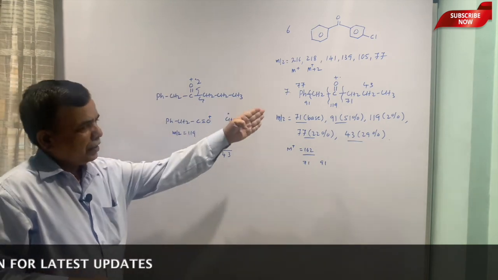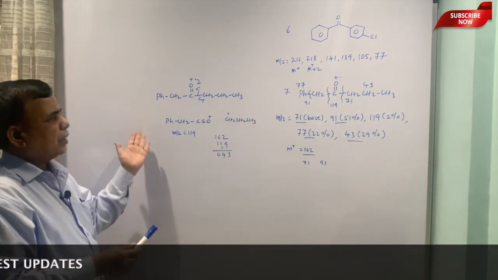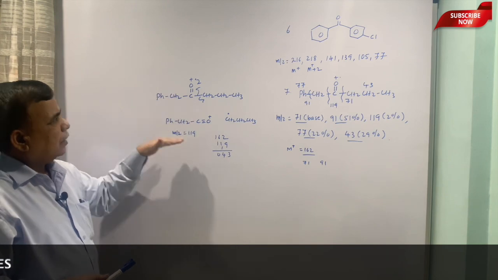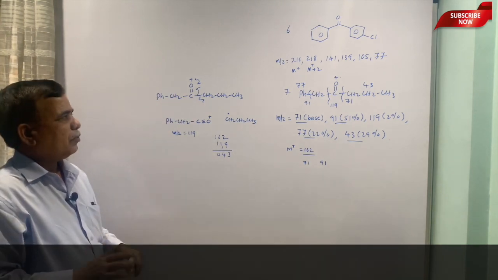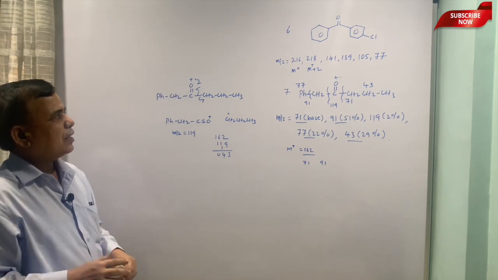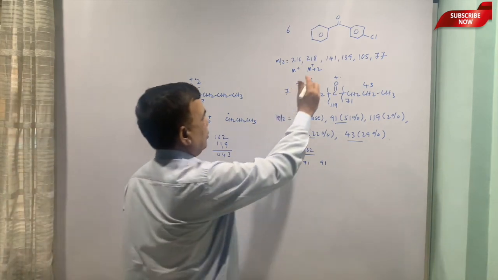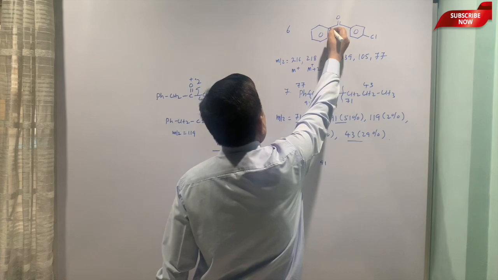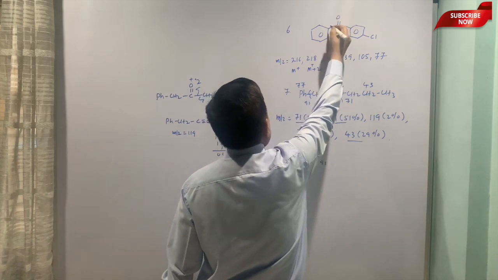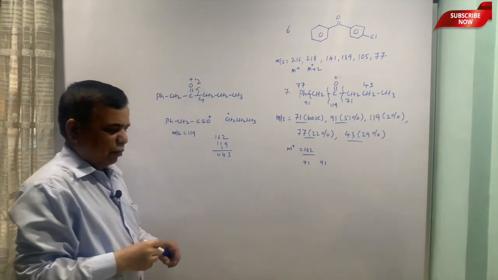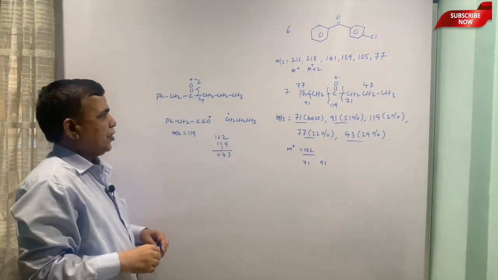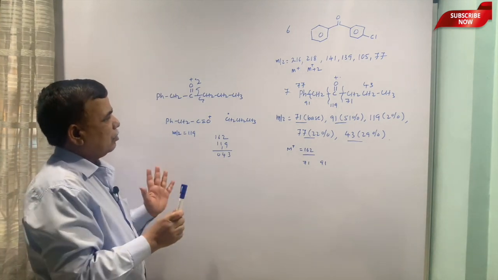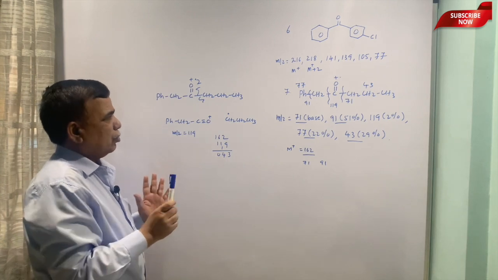If you show it by this method also, it is fine, but if you want to show in detail, then you have to show the homolysis of the bonds. In some cases heterolysis. Suppose I want to put a positive charge on the ring, then naturally this should undergo heterolytic cleavage, then only the phenyl ring will contain the positive charge. So depending upon the situation, you have to change, and accordingly you have to show the charges.